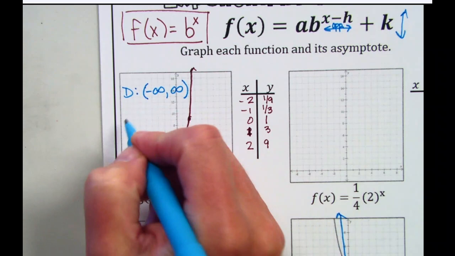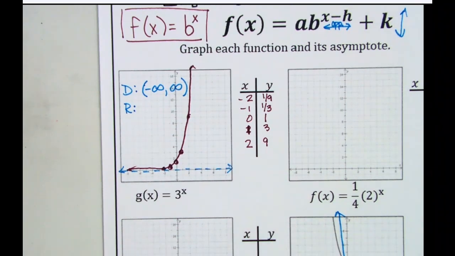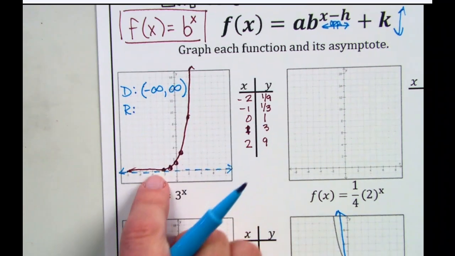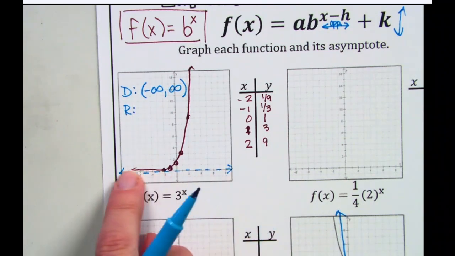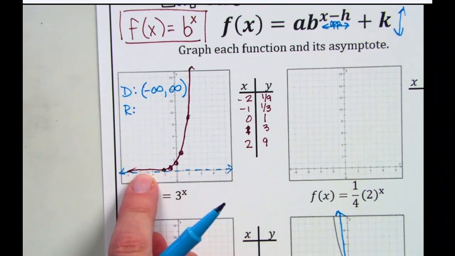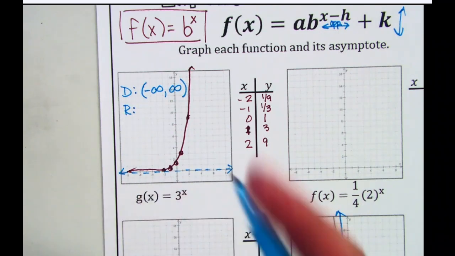All right. What is my range? So we just talked about the x values. What is our range? What's the minimum y value we're seeing here? Where did we put that asymptote? We didn't put it on 1. We put it on the x-axis, which is y equals 0.